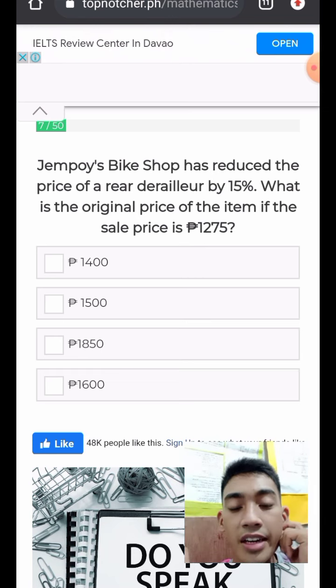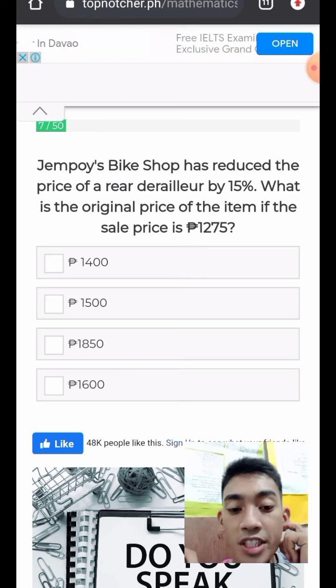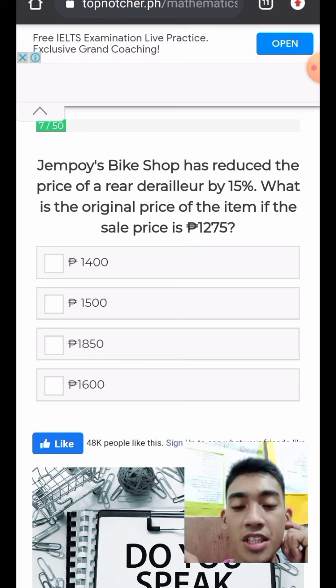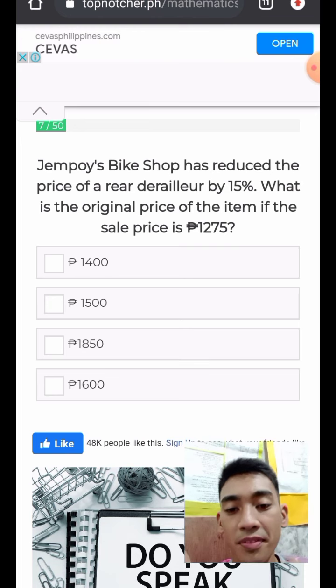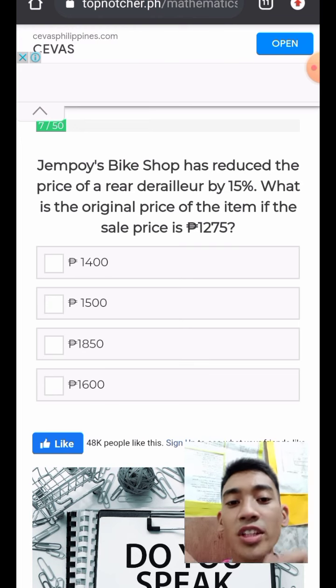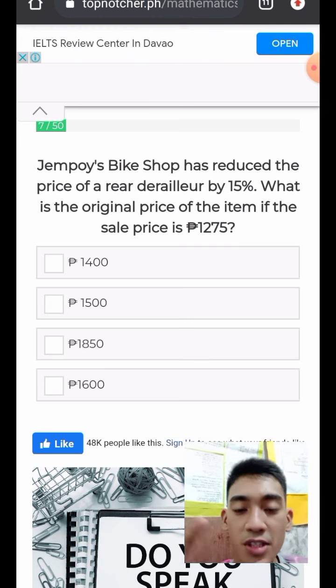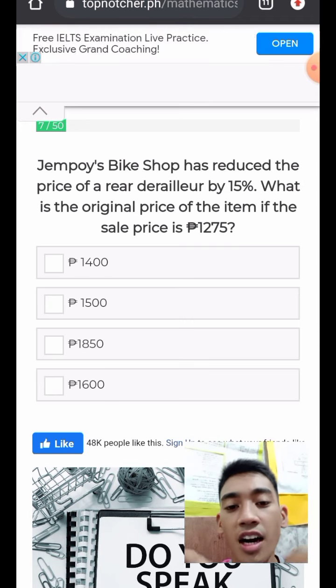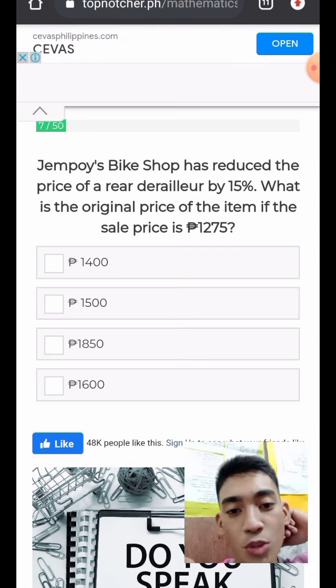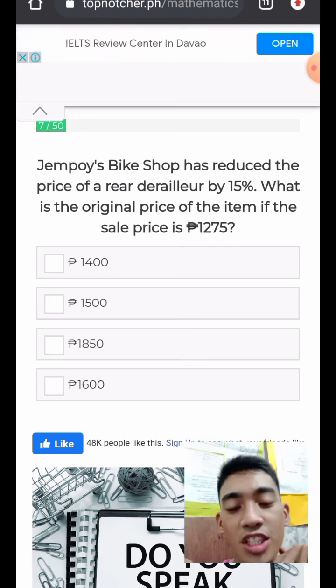So our X here is the original price, and the original price will be multiplied by 0.15, and then we subtract the value of the 15% of the original price. If we subtract that, that is our selling price, which is 1,275 pesos. So what is now the original price?